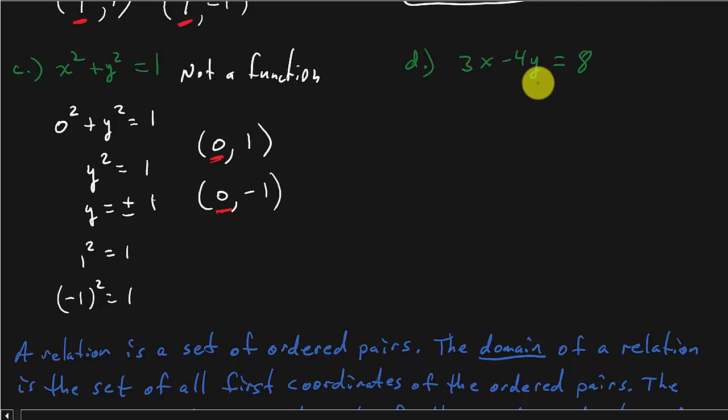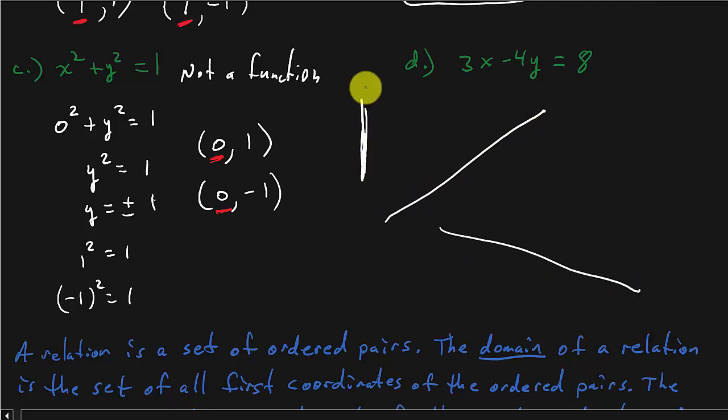Now this one, in a college algebra class, you've already covered graphing lines by the time you've gotten to this section. So this is a line, and we know it's a line that looks like something like that, or something like that. We know it's not vertical because remember, a vertical line is x equals a number.